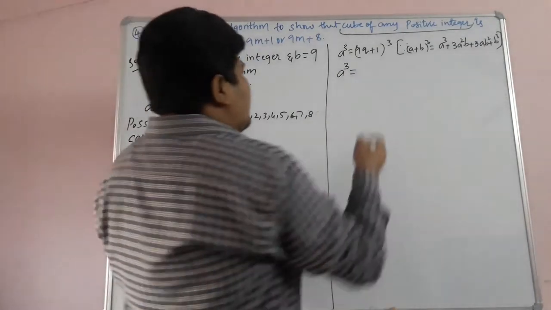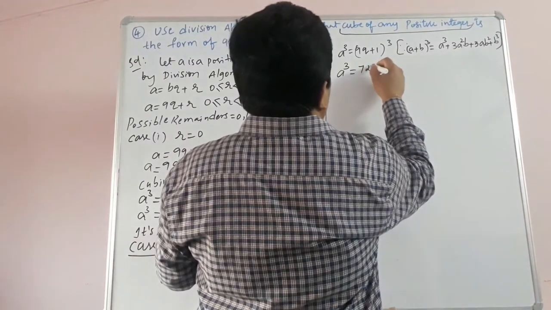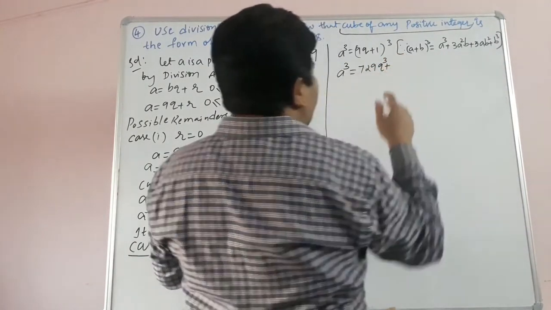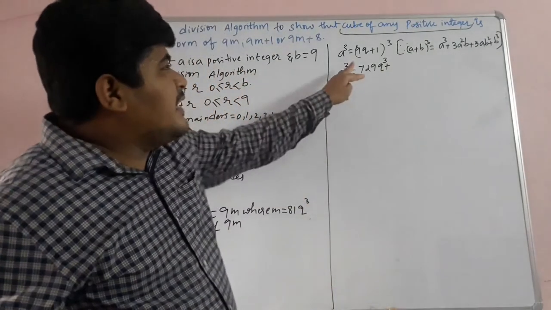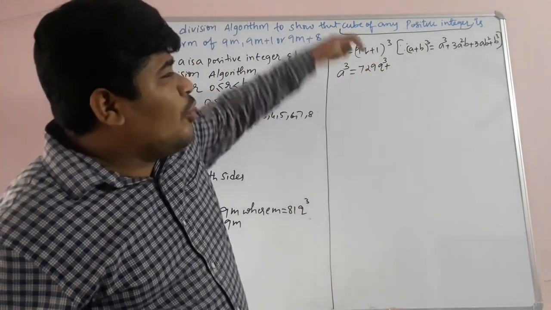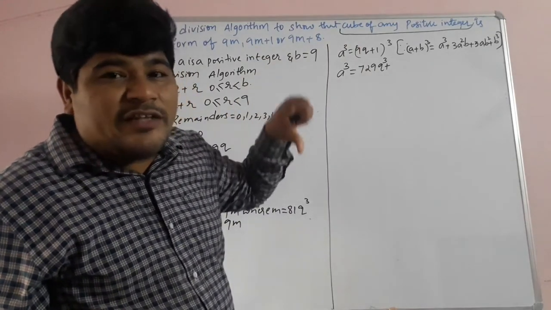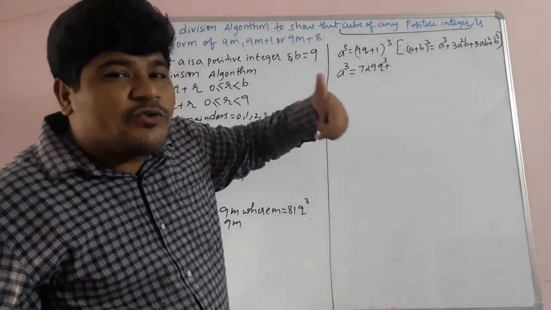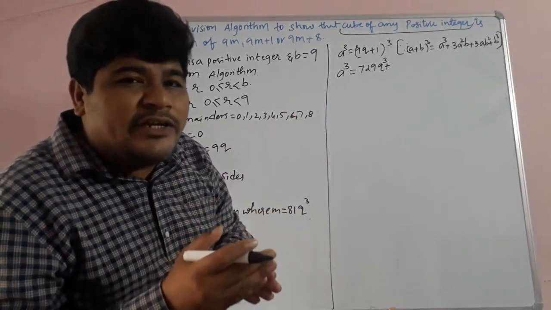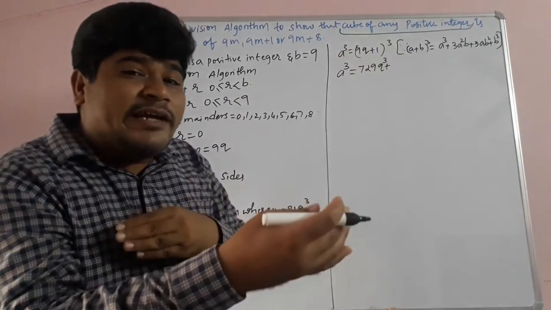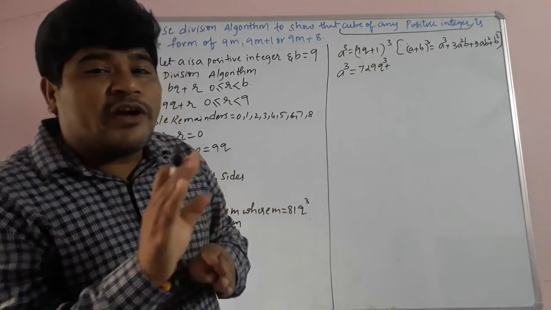That is 729 q cube, plus 3a square b, it's 3 into 9q whole square into 1. 9 square is 81, right? 81 q square, so 3 into 81 q square into 1. 3 into 81, 81 threes are 243.